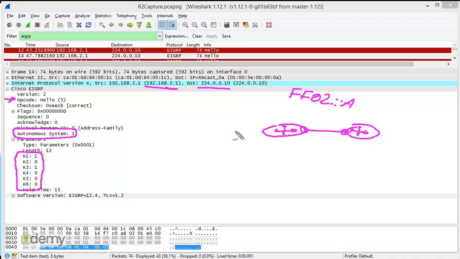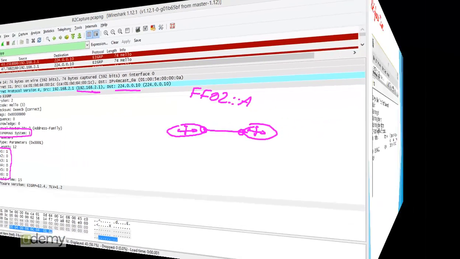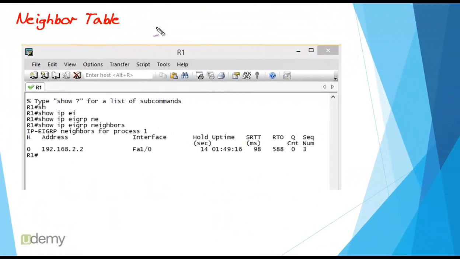So we have 4 parameters: the IP subnets, autonomous system, K values, and authentication. If everything goes well and the 4 parameters are checked and passed, 2 EIGRP routers would become neighbors, and the related information is stored in the EIGRP neighbor table. You could see the EIGRP neighbor table with the show ip eigrp neighbors command.